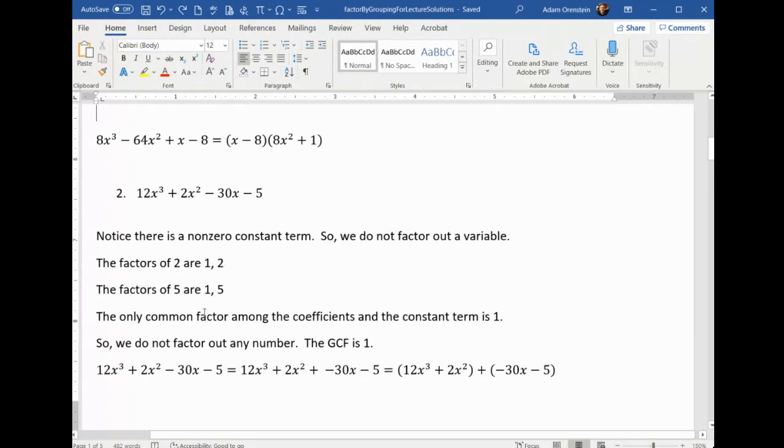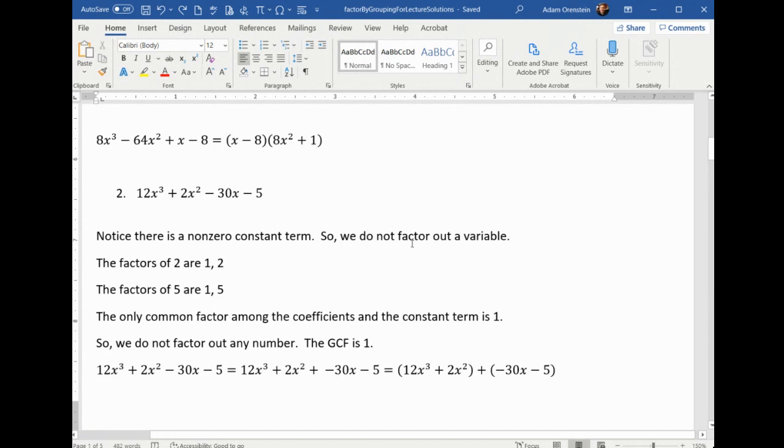The only factor in common with 2 and 5 is 1. So the only possible factor in common with all of 12, 2, 30, and 5 is 1, with the constant term and the coefficients.